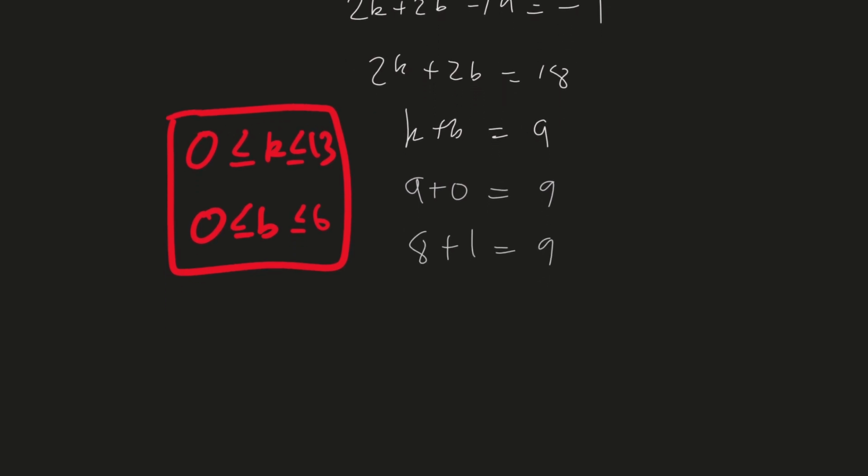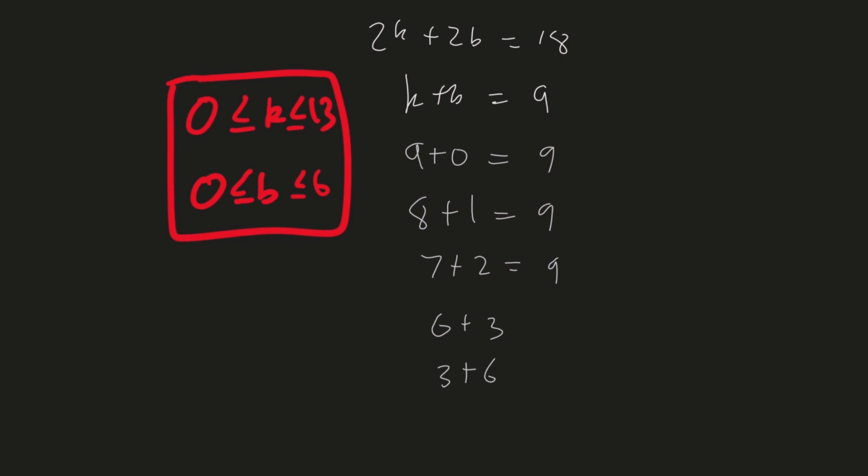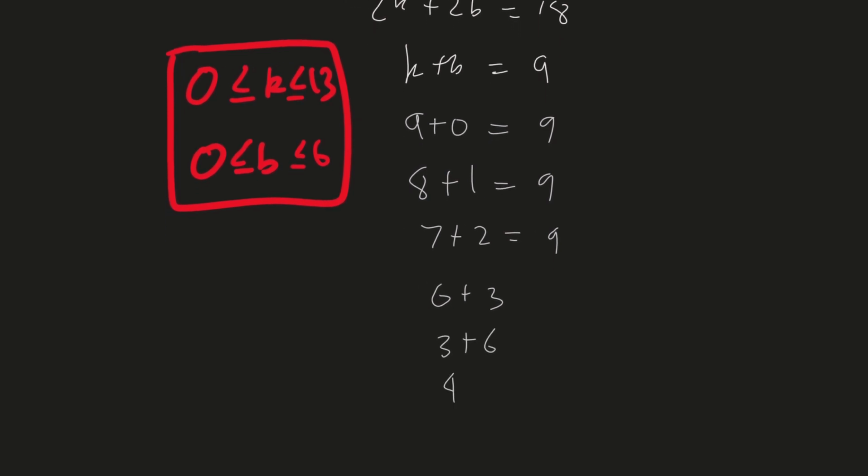I'm going to do 7 plus 2 is equal to 9. I'm going to do 6 plus 3, 3 plus 6, 4 plus 5, 5 plus 4. Those are all equal to 9, and I think, if I'm not mistaken, those are the only possible combinations.